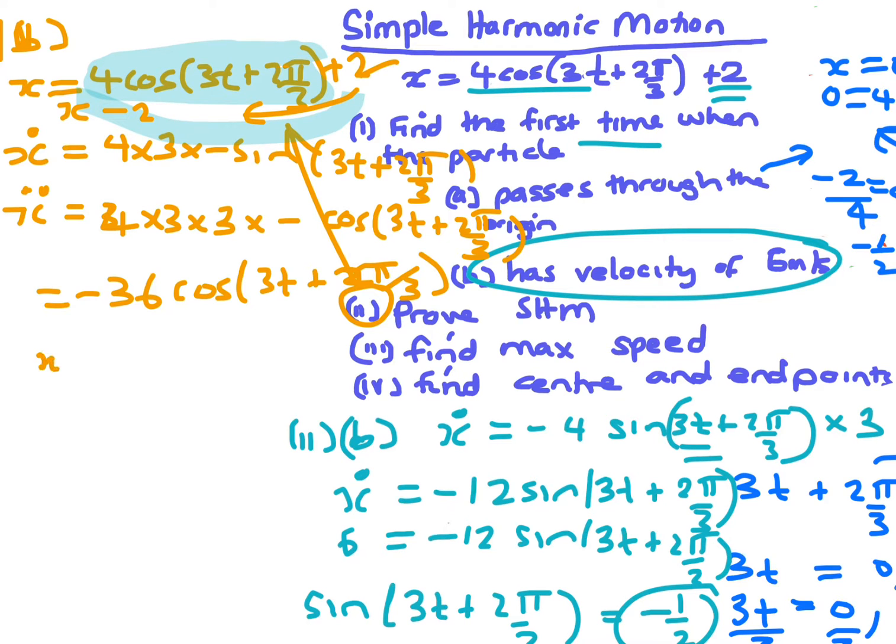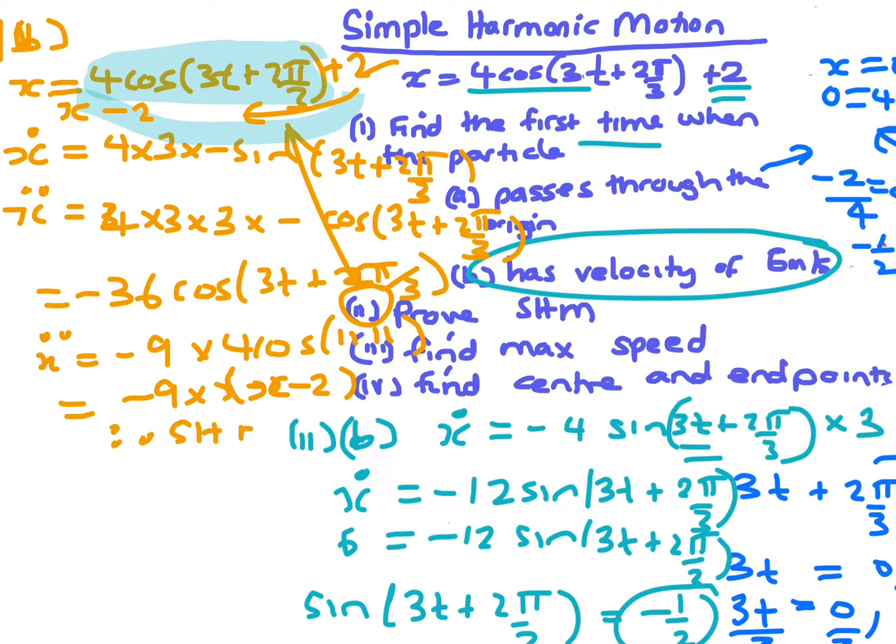So that means that x double dot equals minus 9 times 4 cos, and I'll just put ditto. So it's minus 9 times (x minus 2), which is simple harmonic motion because the acceleration is in the form of minus n squared (x minus c).